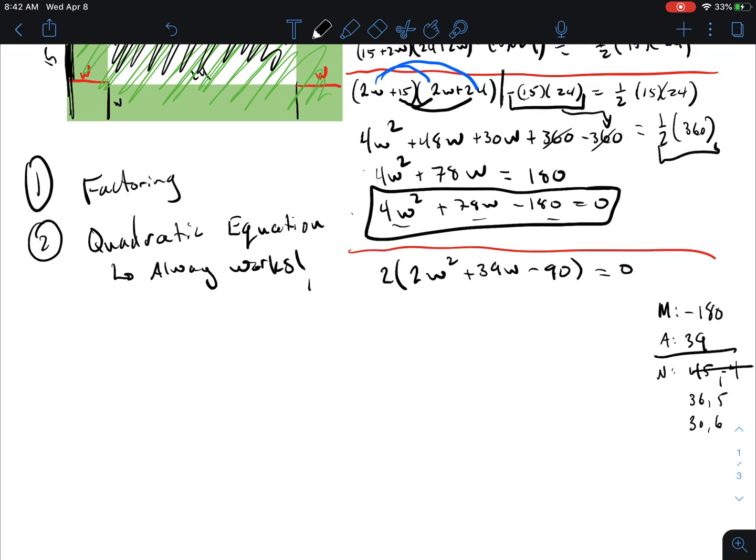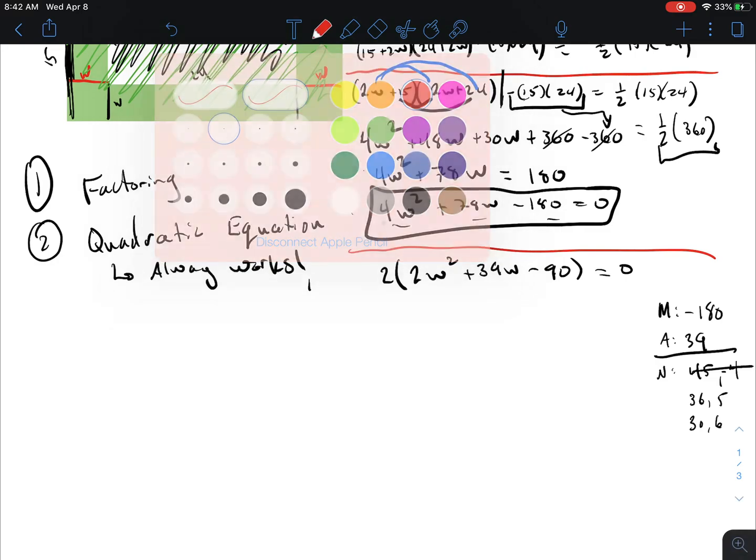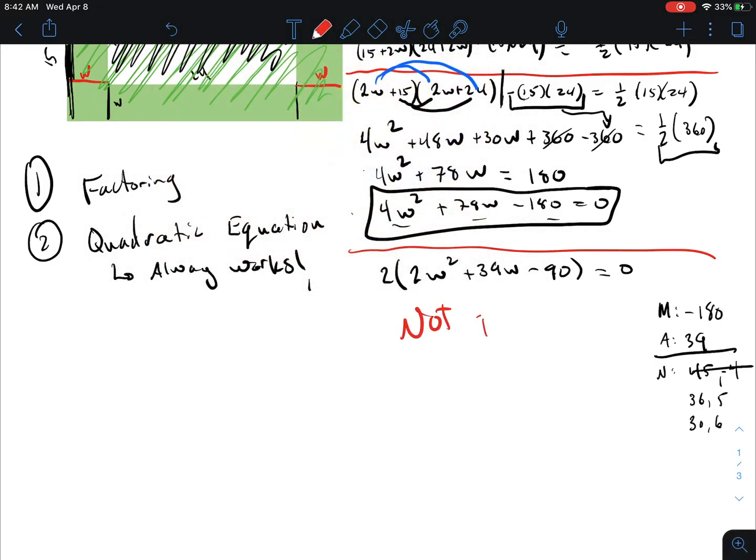So that means this is not factorable. So that means this is off the table now. You're forced to use the quadratic equation.